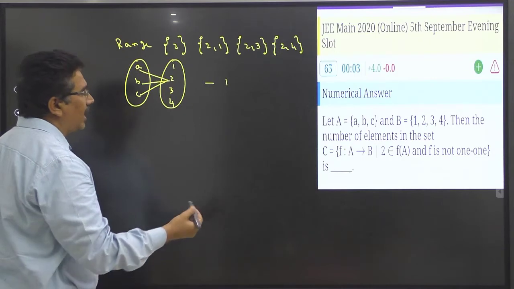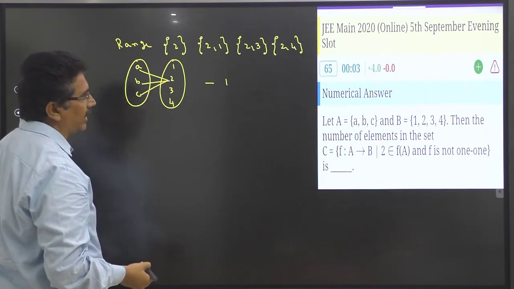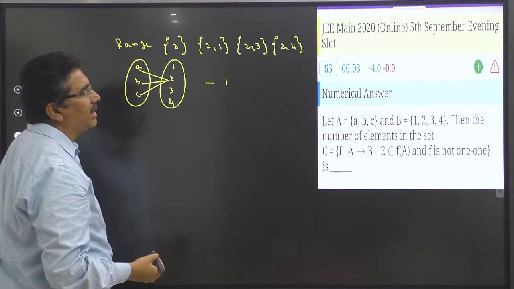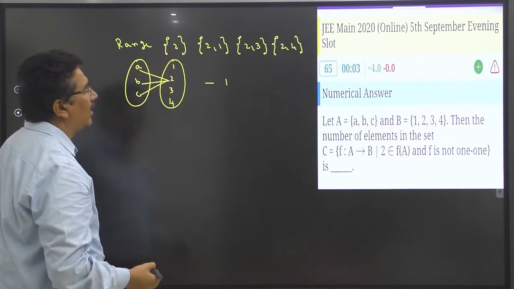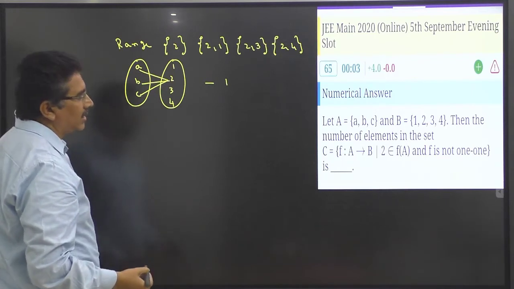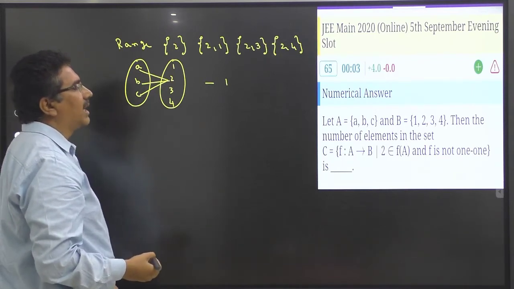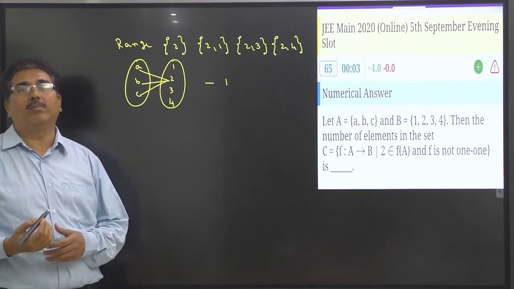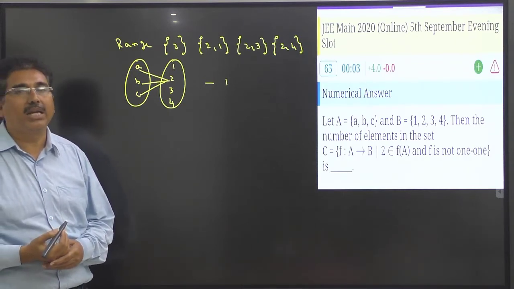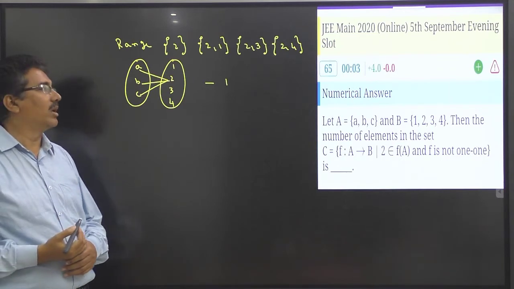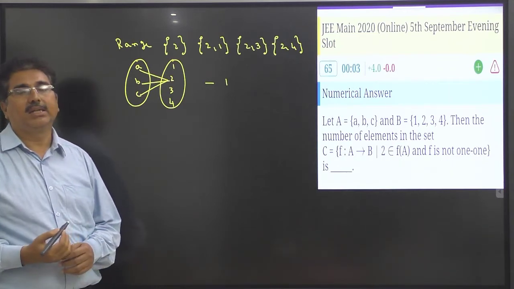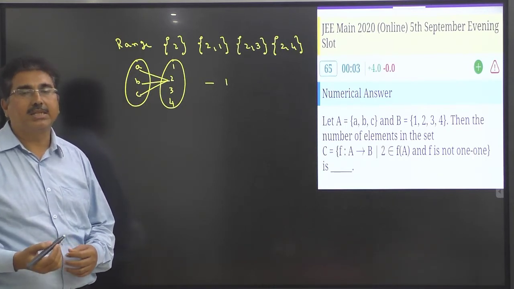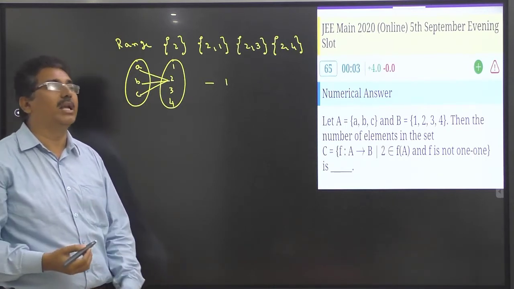Now let us see another possibility of 2 belonging to f(A) and f is not one-one. Now divide the elements of set A into 2 groups, one group containing 2 elements and another group containing 1 element.